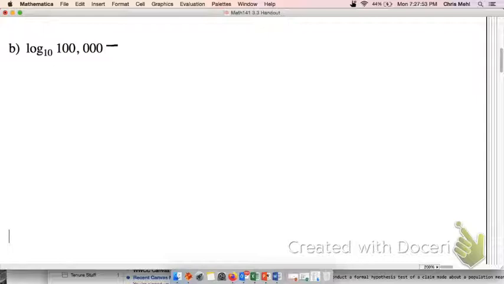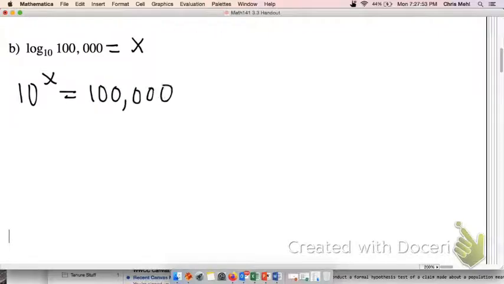And again, the process is: log base 10 of 100,000 equals some number, let's call it x. And doing the conversion, this means the base 10 raised to the x power has to equal the input 100,000.